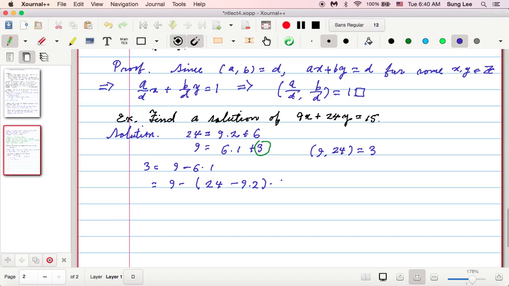So we get 9 times 3 plus 24 times negative 1. So here x prime equals 3 and y prime equals negative 1 is a solution.